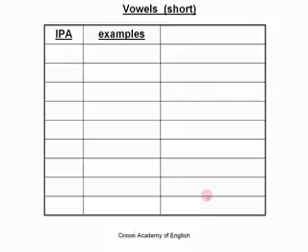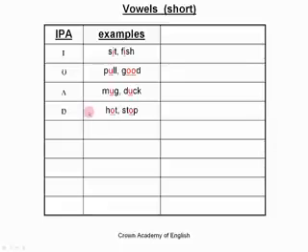Now, short vowels. I, sit, fish. O, pull, good. A, mug, duck. O, hot, stop.